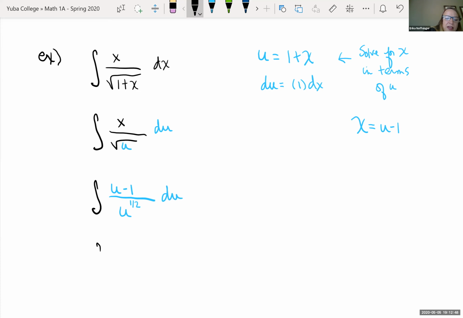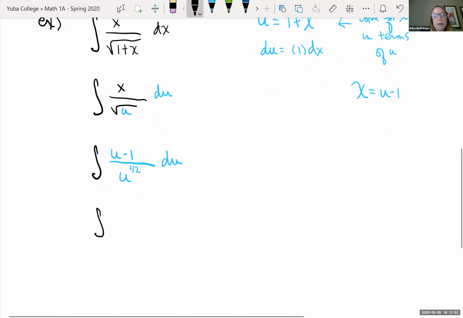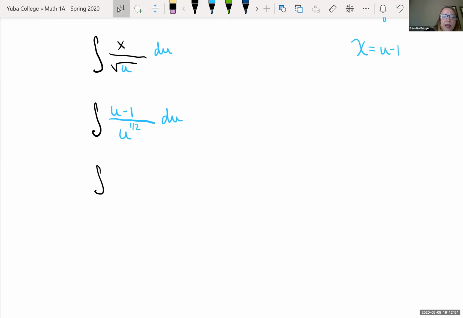So now I have a single term in the denominator. So I could break this down as two separate fractions for my integrand. This is u over u to the 1/2, and this is minus 1 all over u to the 1/2 du. So I'm using my rules of exponents. Same base, which they are, I subtract.